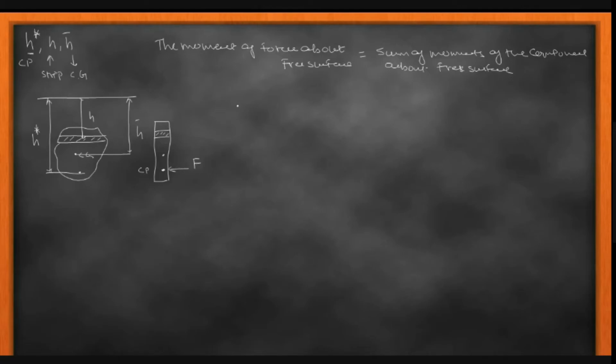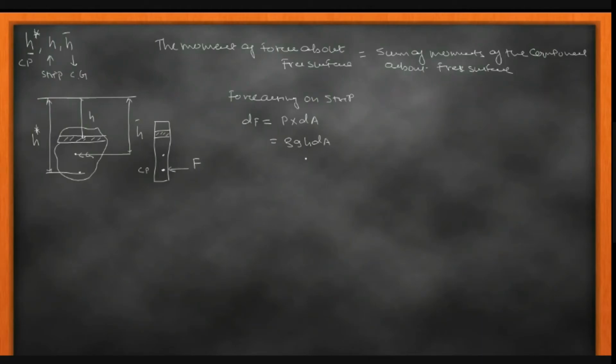So here first I just write down the force acting on the strip, that is pressure into the area. This is dF. We put down the value of p, that is rho g h into dA.